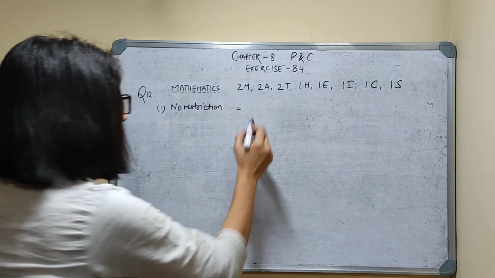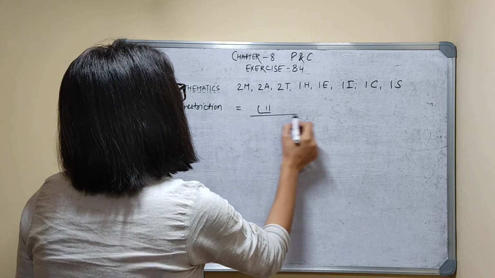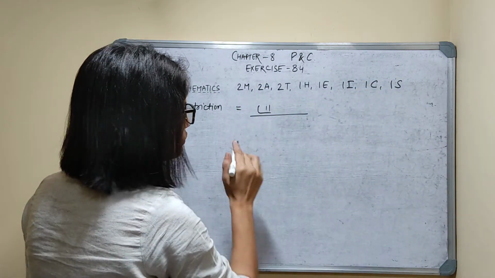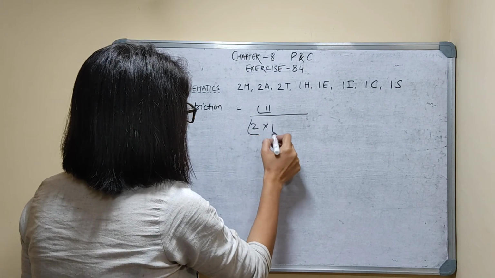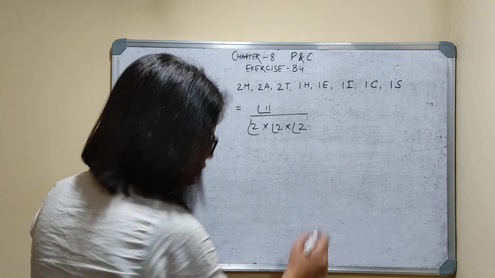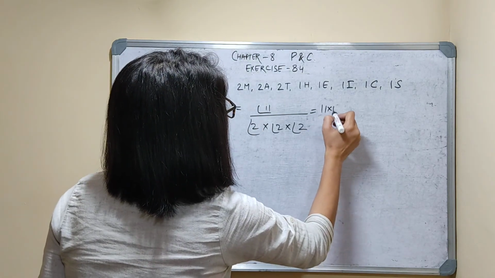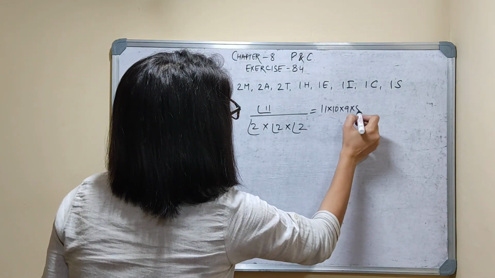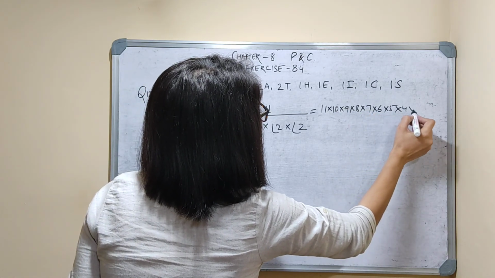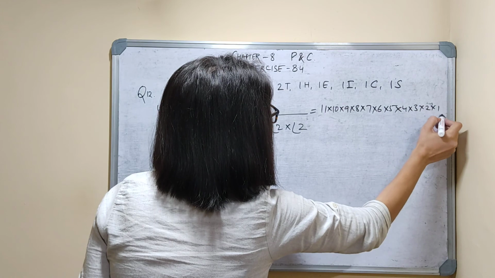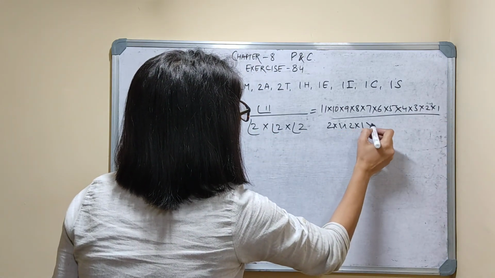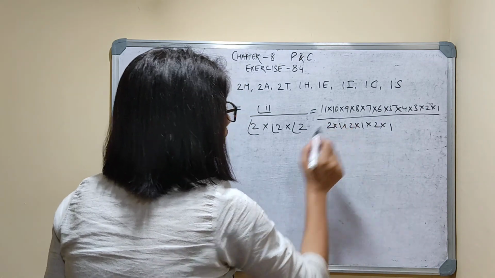So, factorial of 11 upon 2 times m, 2 times a, 2 times t, factorial 2 into factorial 2 into factorial 2. So, I will write 11 into 10 into 9 into 8 into 7 into 6 into 5 into 4 into 3 into 2 into 1, over 2 into 1 into 2 into 1 into 2 into 1.